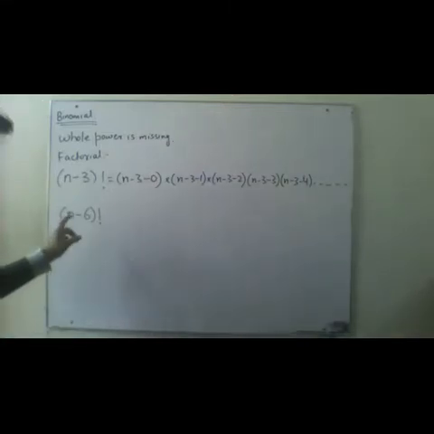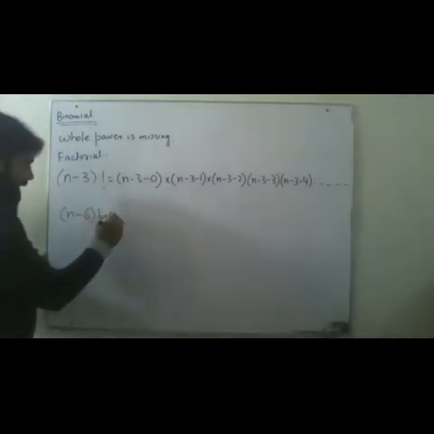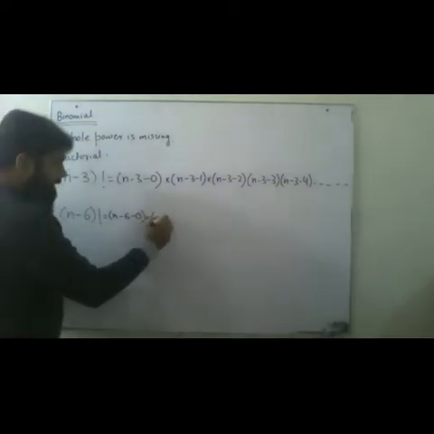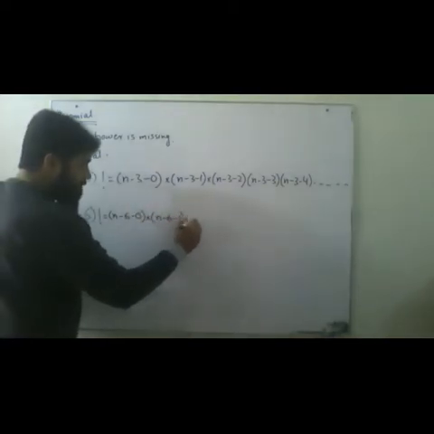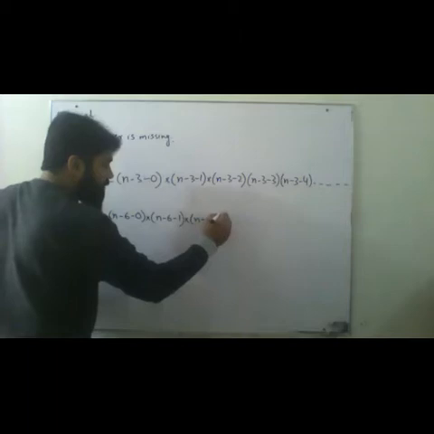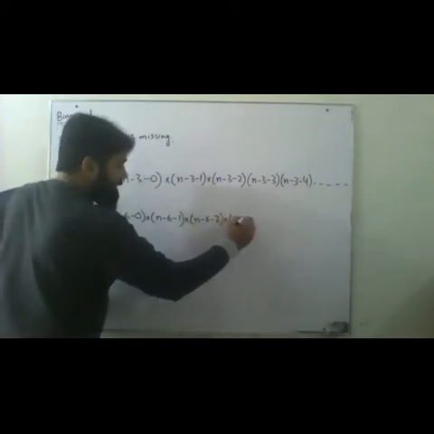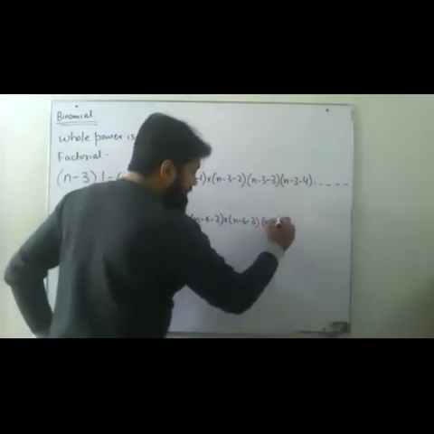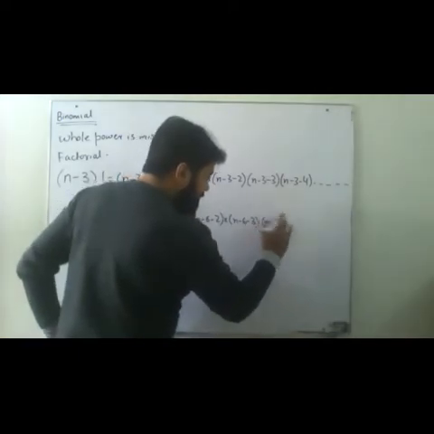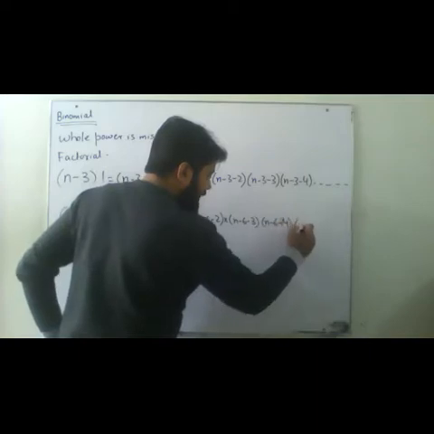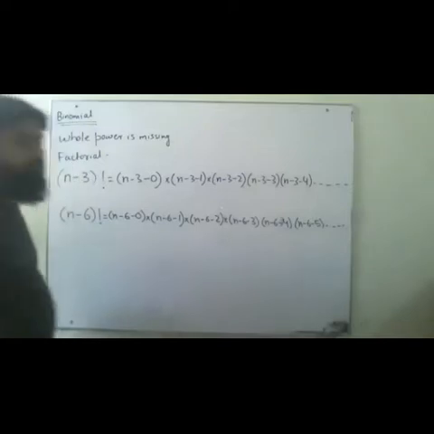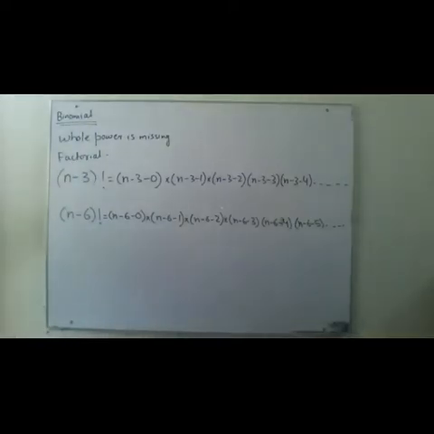Okay. Now, let's talk about this one. n minus 6 minus 0, n minus 6 minus 1, n minus 6 minus 2, n minus 6 minus 3, n minus 6 minus 4, n minus 6 minus 5, until infinity it will go. Okay.